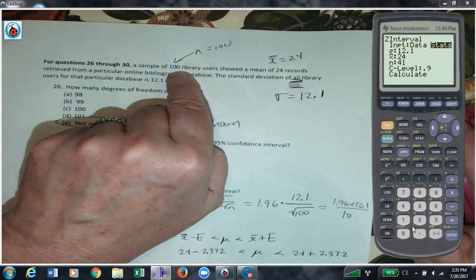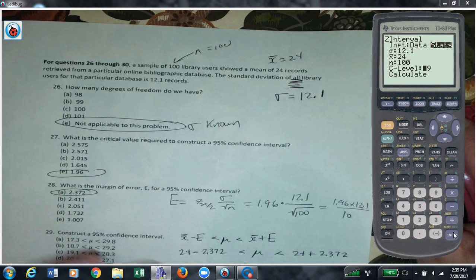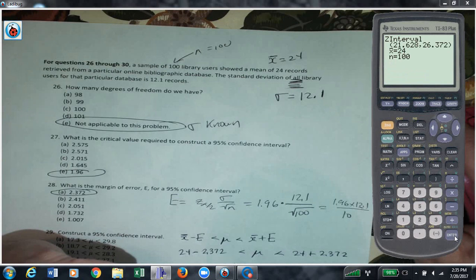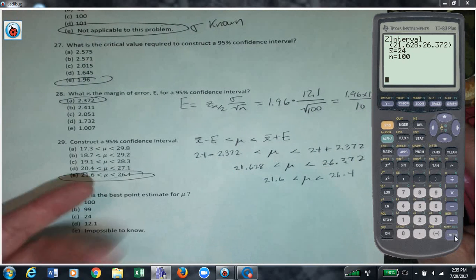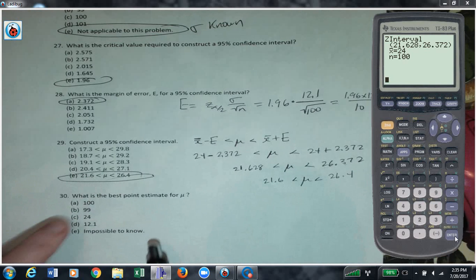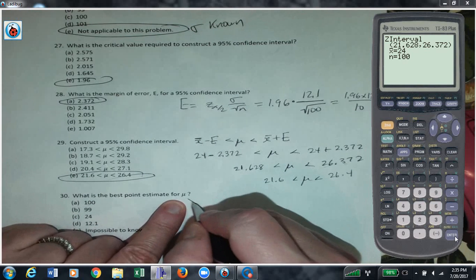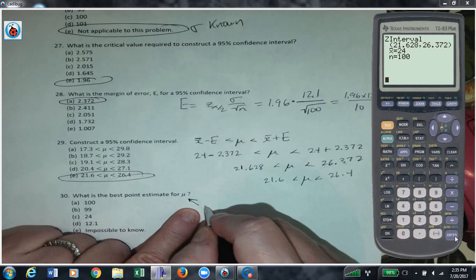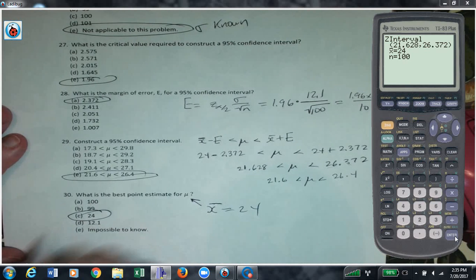N is 100. And we want a 95% confidence level, so 0.95. And calculate. Okay, and to 1 decimal place, I get the same answer. What is the best point estimate for the population mean? The best point estimate for the population mean is the sample mean, and the sample mean is 24.